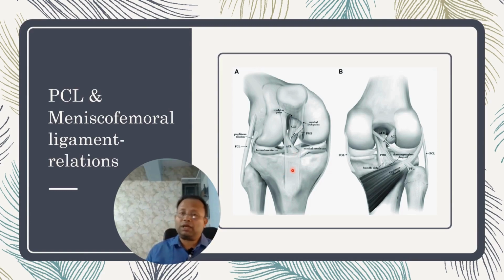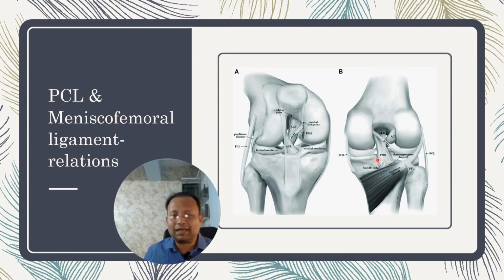Now, try to remember that when we were seeing the ACL, the upper end of our probe was directed outwards, okay, because it was getting inserted to the medial side of the lateral condyle.